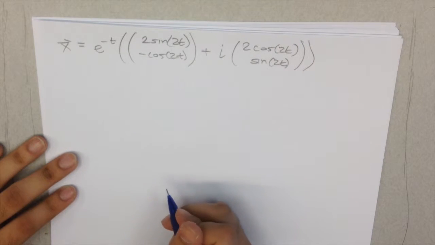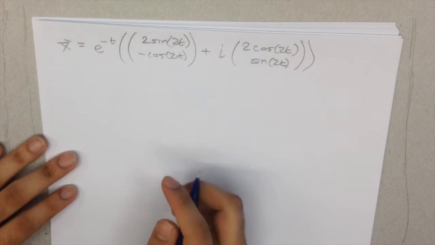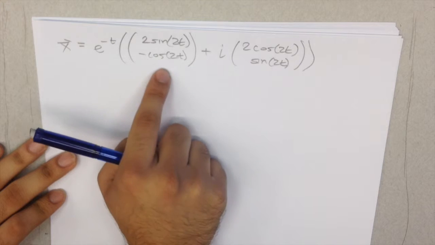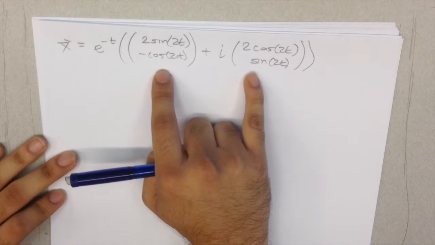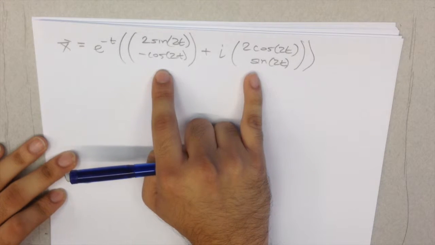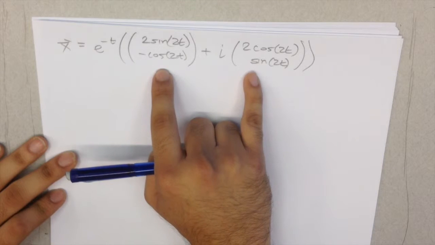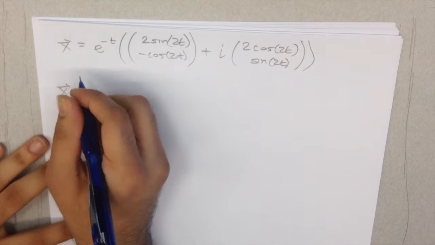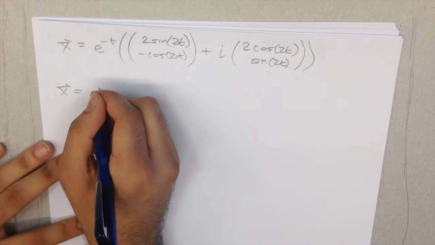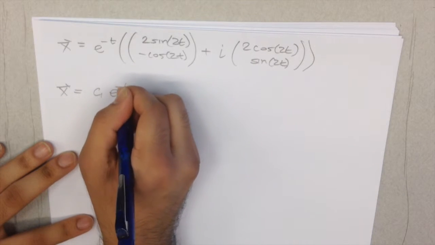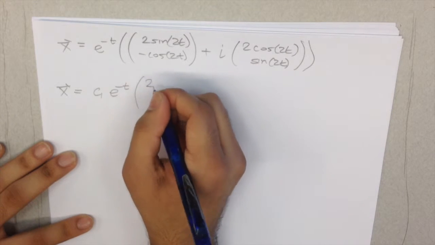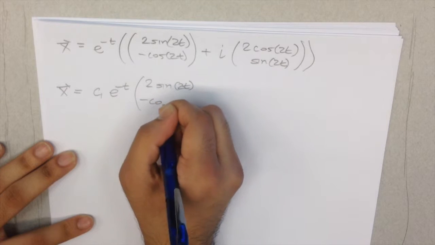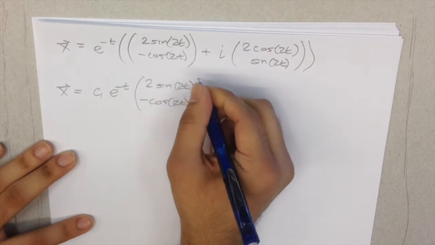Then what we figure out is that there are actually two independent components here, correct? There's an imaginary component and a real component. The imaginary and real components each individually give you your separate answers. So we want to rewrite this as x, your solution, is equal to c1 e to the negative t times 2 sine 2t minus cosine 2t.